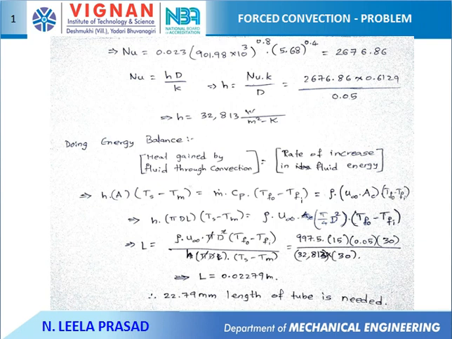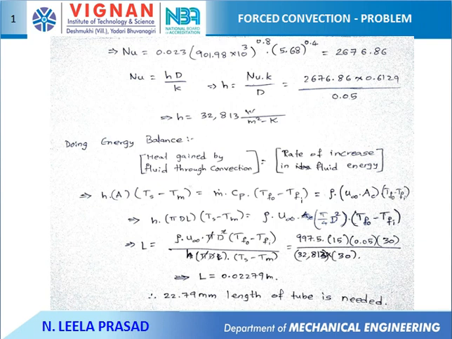Next, by applying energy balance, heat gained by fluid through convection is equal to rate of increase in fluid energy. So Newton's law of cooling, that is H into A into Ts minus bulk mean temperature, is equal to m dot into Cp into bulk mean temperature at the outlet minus bulk mean temperature at the inlet.